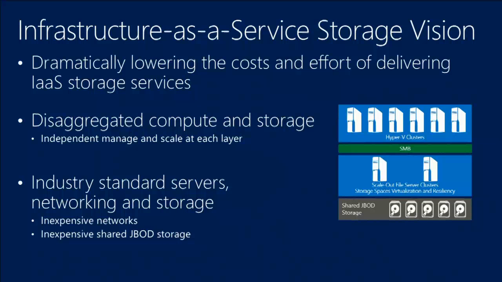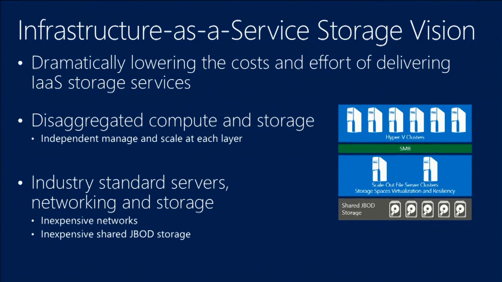So with that, we get this vision. So the vision for storage, if you come to me today and say, Jose, I got nothing. I'm just starting to think about a private cloud, and I'm starting greenfield. I can go in whichever direction I want to do. I would highly recommend that you would use a solution where you have a compute layer with Hyper-V nodes and a storage layer with a scale-out file server, okay?